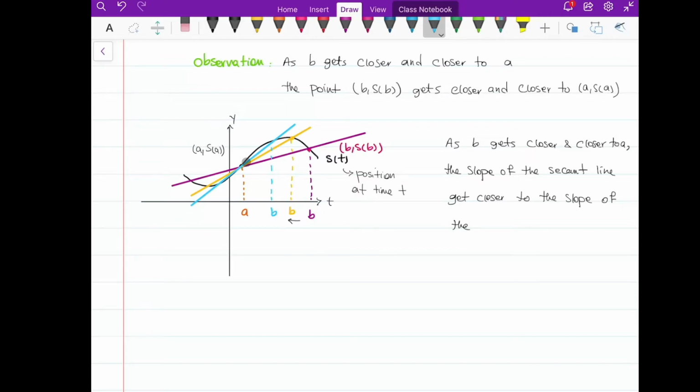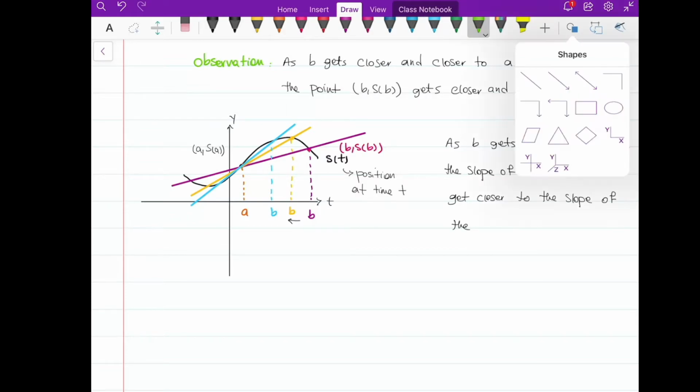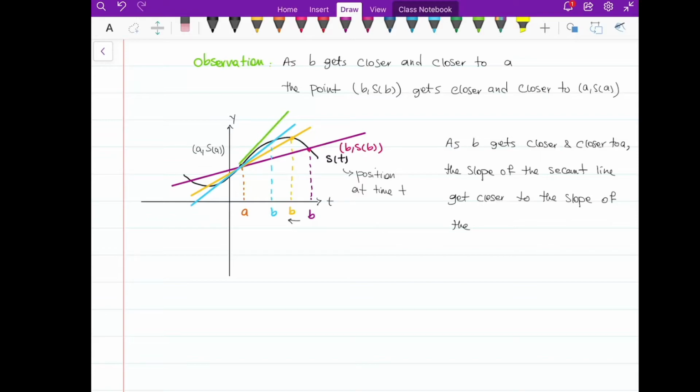And what do you think? This green line here is actually the tangent line at the point a and s of a. Okay, and as you see, if b is getting closer to a, the slope of the secant line is getting closer to the slope of the tangent line.